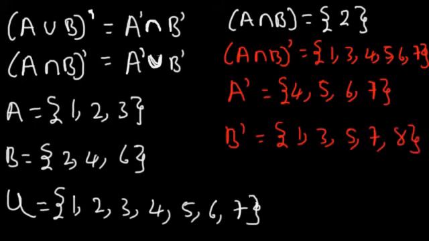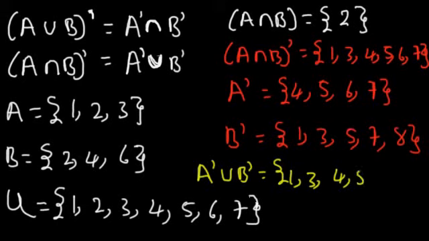Now what is the value of A prime union B prime? So we need A prime union B prime. This simply equals 1, 3, 4, 5, 6, 7, and that's all.